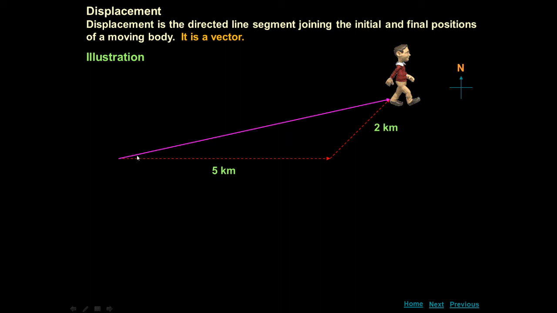It is directed from initial to final along this direction, and it will not be 7 kilometer, because if we remember class 10 maths, the sum of two sides of a triangle is always greater than the third side. So this length will be less than 7 kilometer.